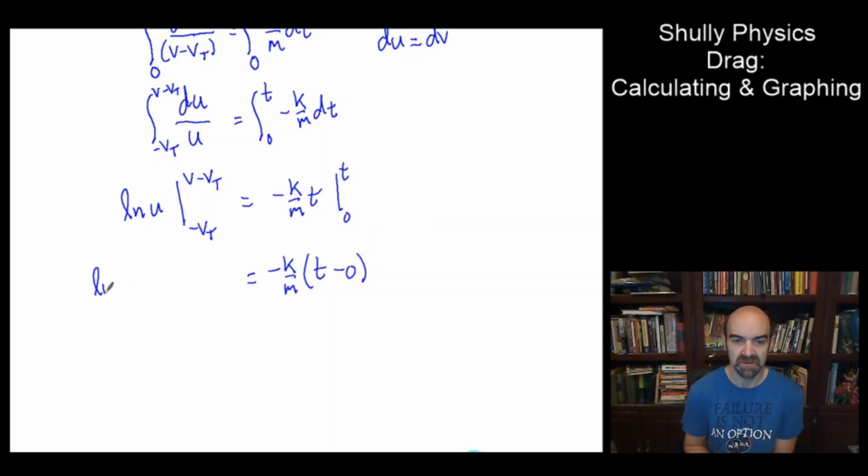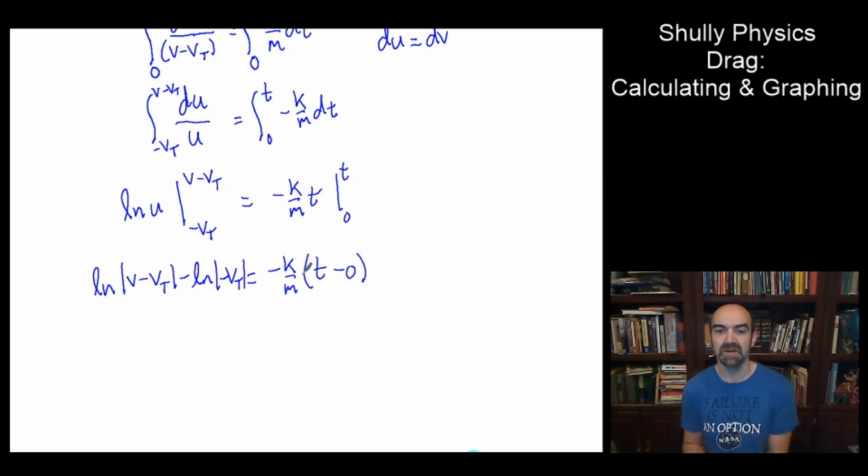And likewise, ln of, remember the natural log, and you put these absolute bars there, v minus vt, minus natural log of negative vt. Might look a little funky right now, but there's a way to simplify logs. There's a log identity: log of x minus log of y is equal to log of x divided by y.